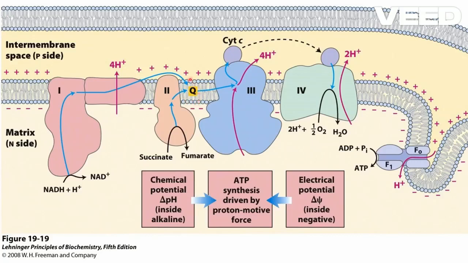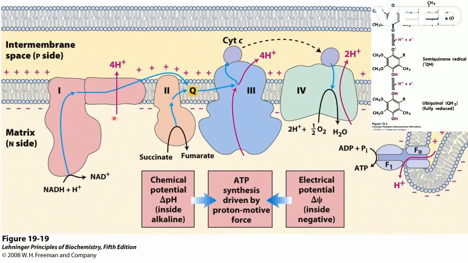Now, the ubiquinone that has received electrons from both complex 1 and complex 2 transfers the received electrons to complex 3 and becomes quinone again. When it received electrons from complex 1 and complex 2, it became quinol.